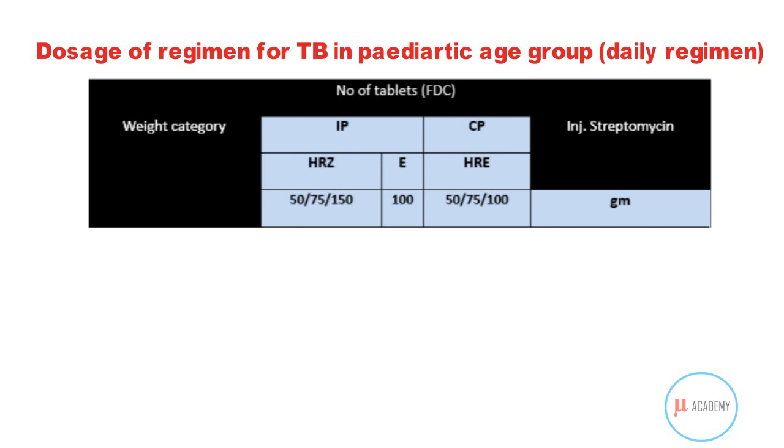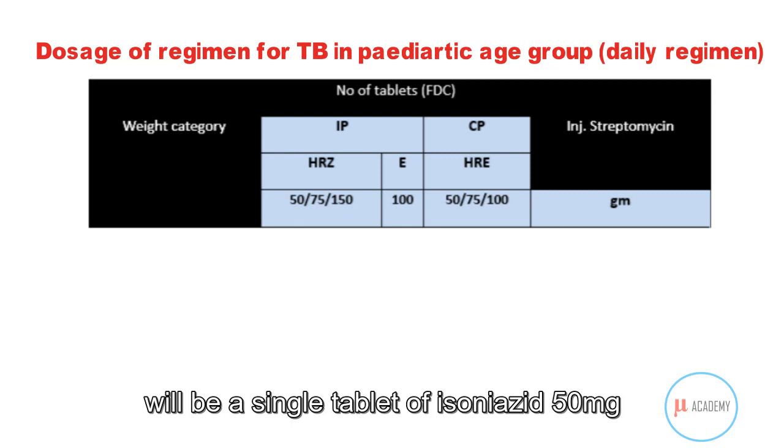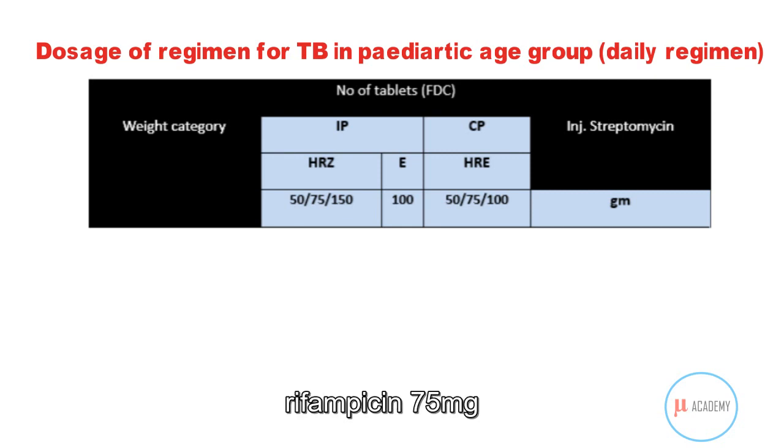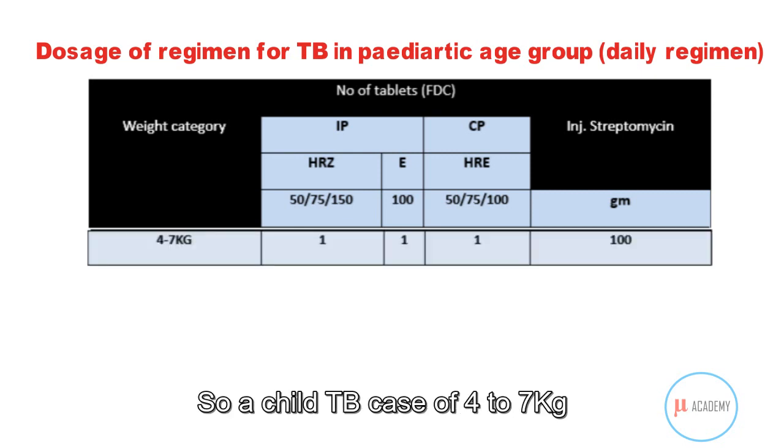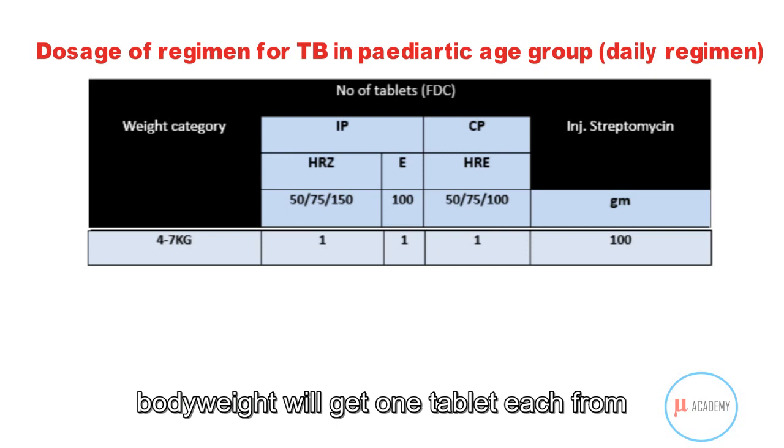In the continuation phase, there will be a single tablet of isoniazid 50 mg, rifampicin 75 mg and ethambutol 100 mg.